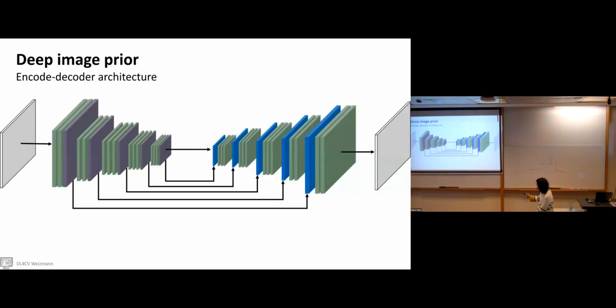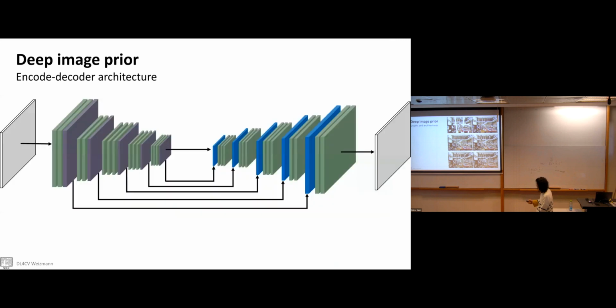I would like to move to the architecture. The architecture is kind of a UNet, a convolution network with skip connections. Actually, they do not say exactly what the architecture is. They call it an encoder-decoder architecture and not UNet, because they have a different number of skip connections.